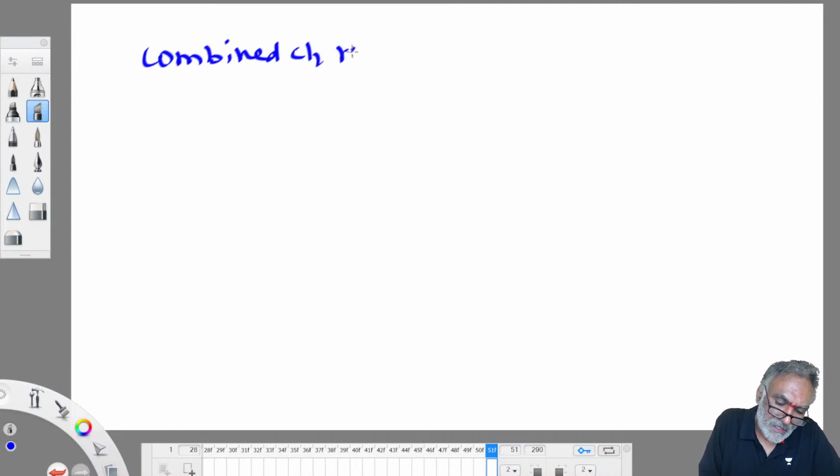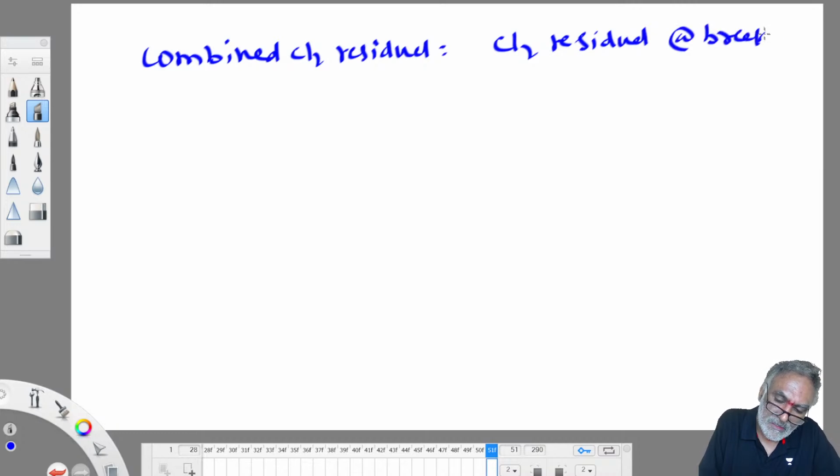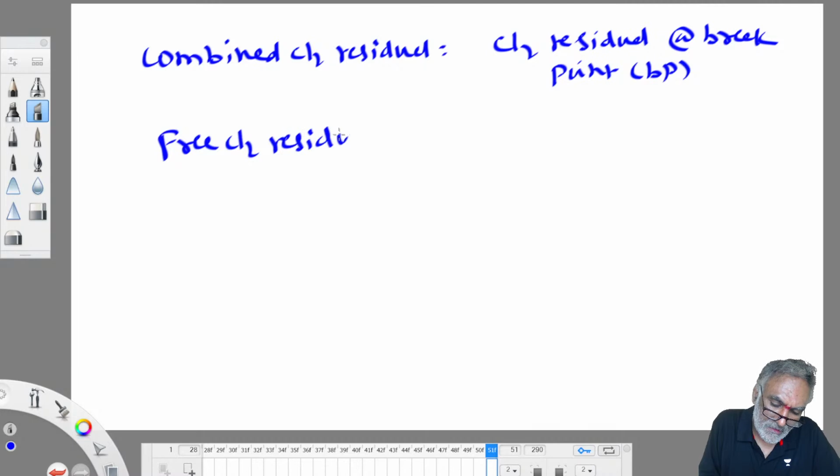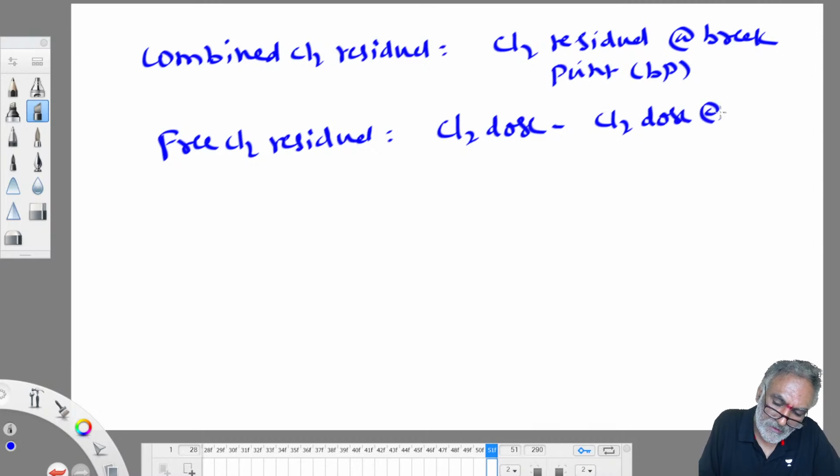Combined chlorine residual is equal to the chlorine residual at break point, which I wrote as BP. And free chlorine residual is equal to the actual chlorine dose added minus the chlorine dose at break point. That will give the free chlorine residual.